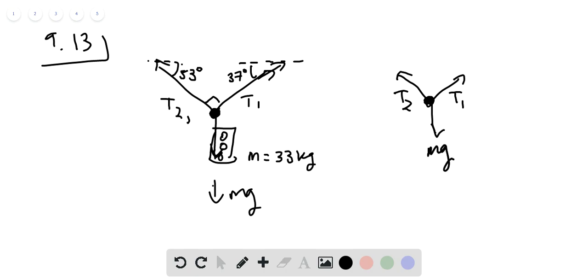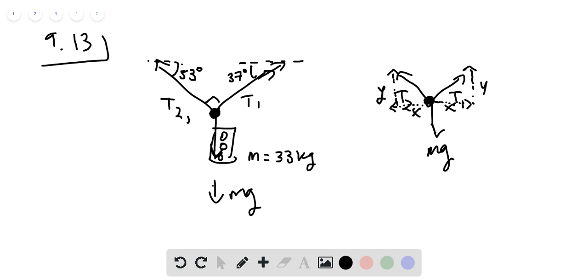And then, since we know some quantities, we can start to break T1 into components and T2 into components, x and y components. So this will be x and this will be y, right? Both y's are positive, but the x's flip across the y-axis.